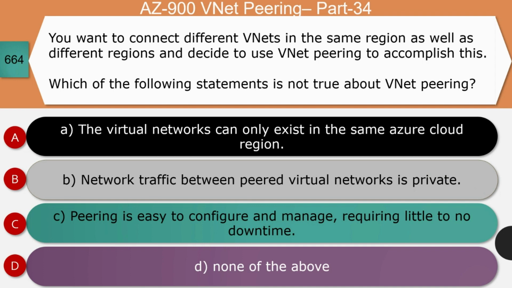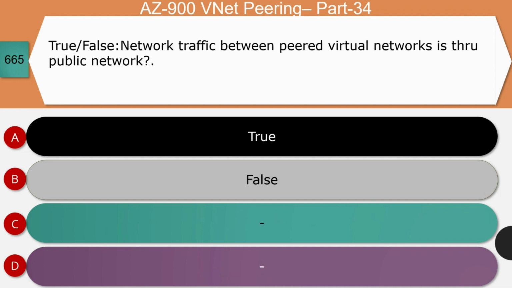Option C. Pairing is easy to configure and manage, which requires little or no downtime. Or none of the above. The right answer for this question is option A. Let's see the reason. The virtual networks can exist in any Azure cloud region. You can connect virtual networks that exist in multiple regions using VNet pairing, and so option A is the right answer.